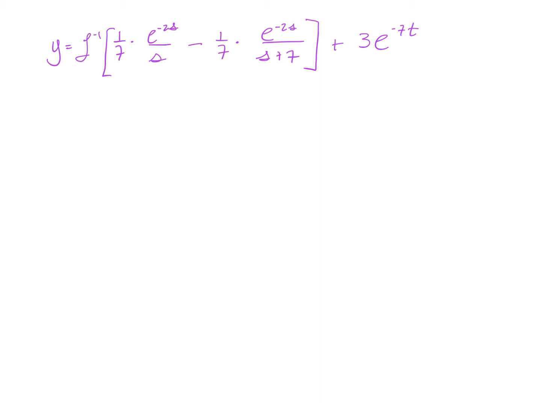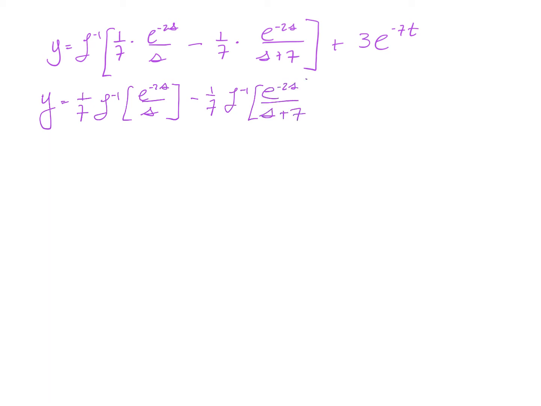I'm going to pull out the 1/7 through the Laplace. So I have y equals 1/7 inverse Laplace of e to the negative 2s over s minus 1/7 inverse Laplace of e to the negative 2s over s plus 7.